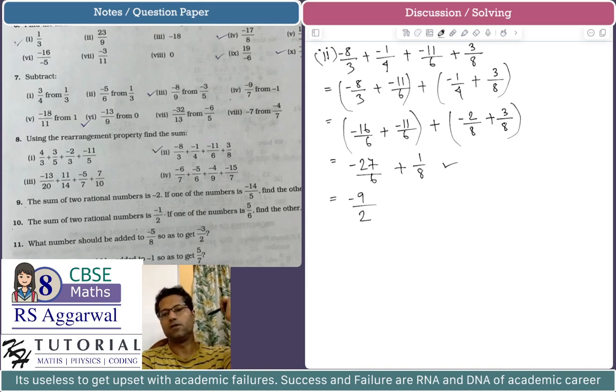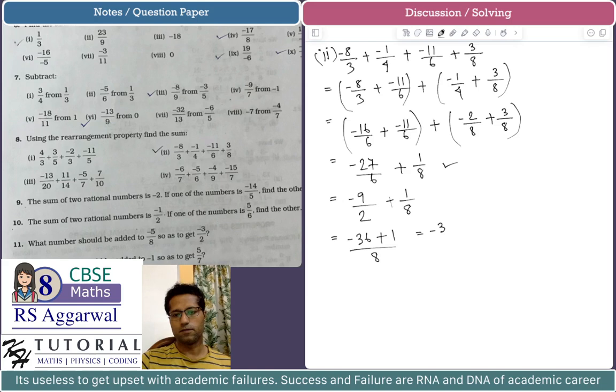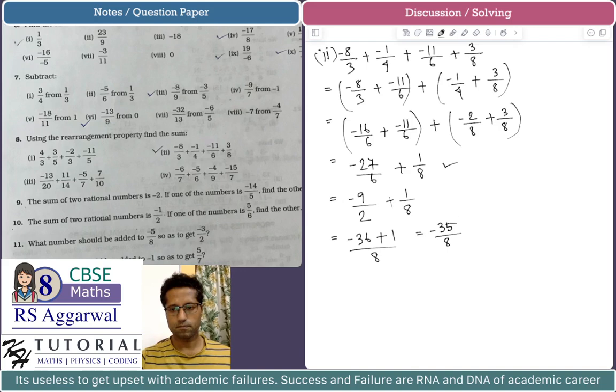Because the HCF of 6 and 27 is 3. So this is now minus 36 plus 1 by 8, which is minus 35 by 8. I hope it saved some time. Minus 9 by 2 plus 1 by 8 was easy to simplify. Okay, what else?